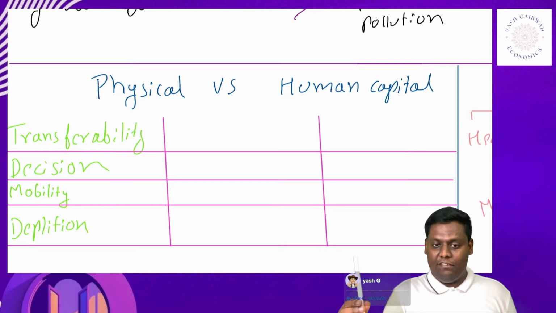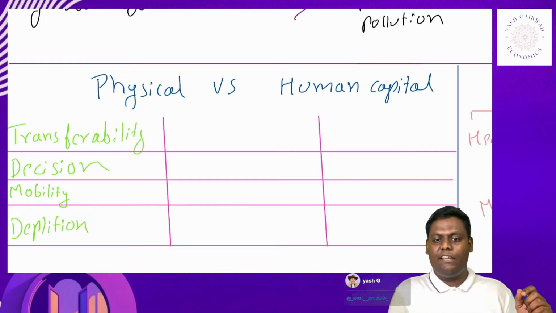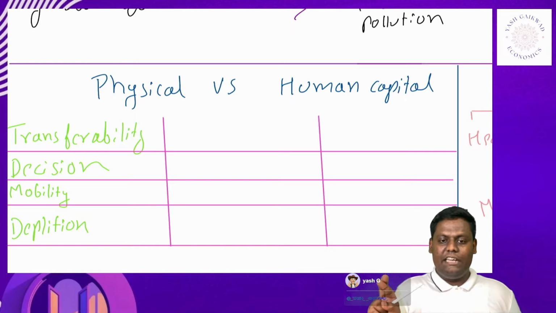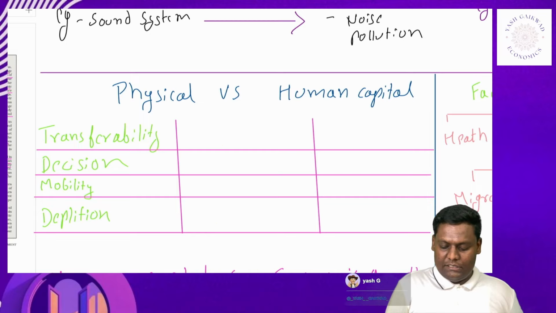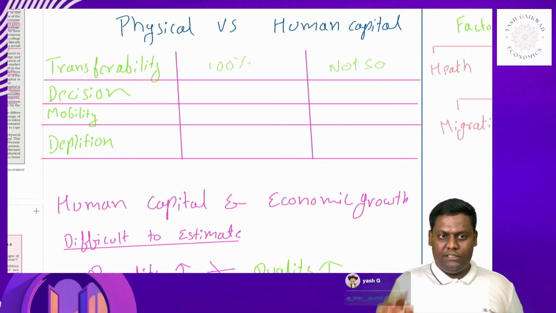But a bus driver who has the skill set of driving a bus cannot transfer this skill set to another person. What he can do is go and work for another person, but the skill is still attached to this service provider. So, in that sense, we can say that physical capital is easily transferable, whereas human capital is not so easily transferable, as the service provider and the service are interlinked.